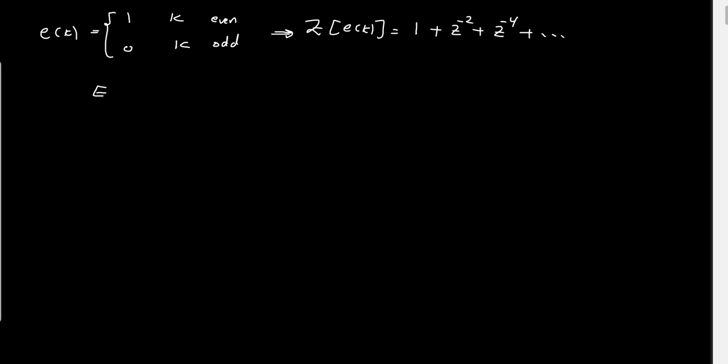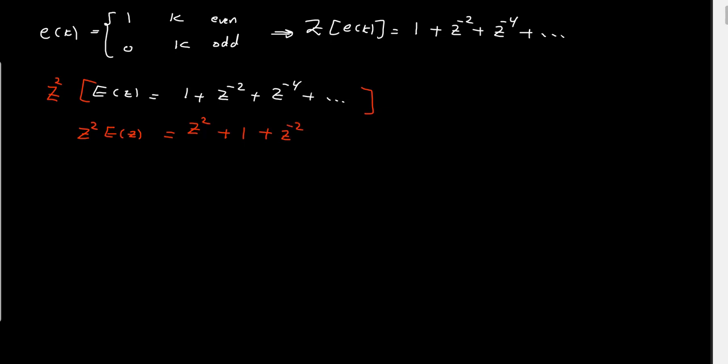So E(z) equals 1 plus z^-2 plus z^-4 and so on. If we multiply here by z to the power 2, we will get z^2 E(z) equal to z^2 plus 1 plus z^-2 plus z^-4 and so on.